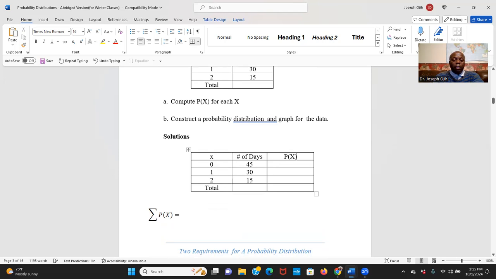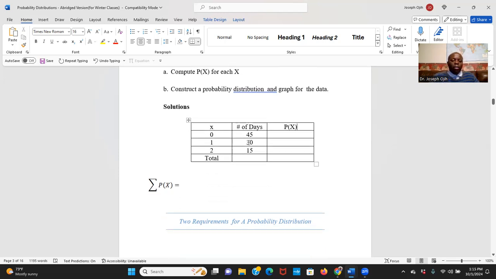P(X) means the probability of X. So first of all, let's get the total. 45 plus 30 plus 15. Let me get it from the calculator.